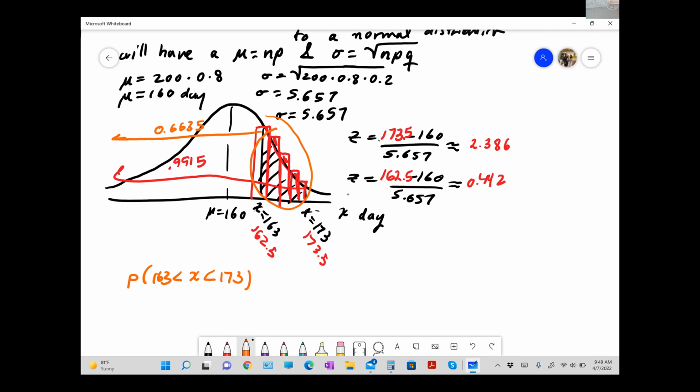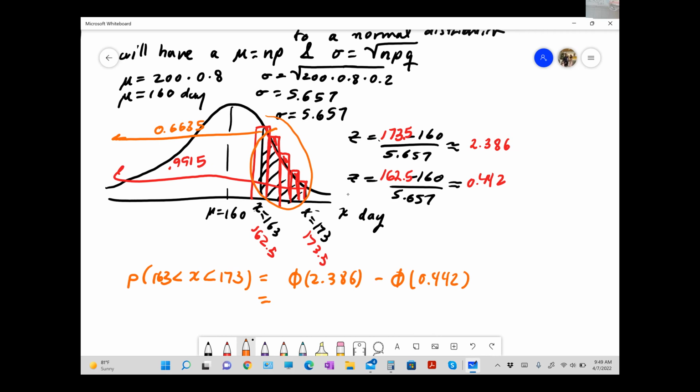Now I'm going to go ahead and leave it without the correction factor, the correction you need to make to get the missing area. It is essentially Φ of 2.386 minus Φ of 0.442.